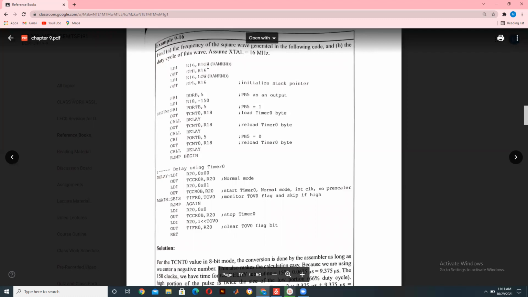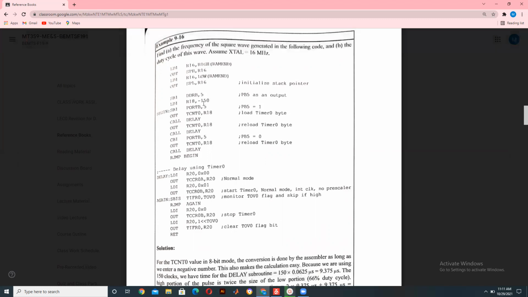Assume XTAL is 16 megahertz. Simply create the stack, then LDI R18, where R18 we calculate as minus 150, and then we would be creating it, and again LDI TCNT0 is equal to R18, then loading timer 0 byte, and then calling the delay, then again calling timer 0, then the delay, then CBI 5, CBI PORTB 5.